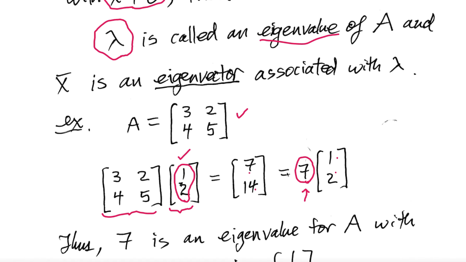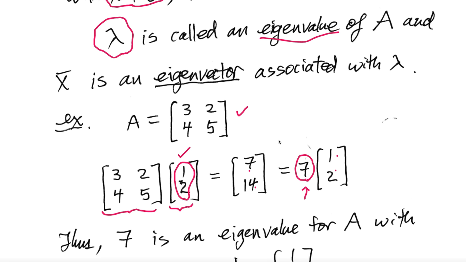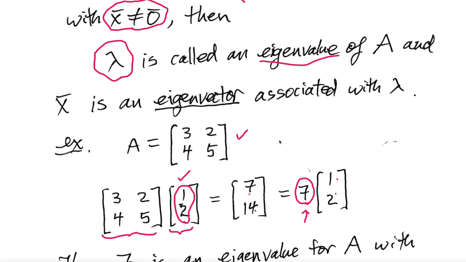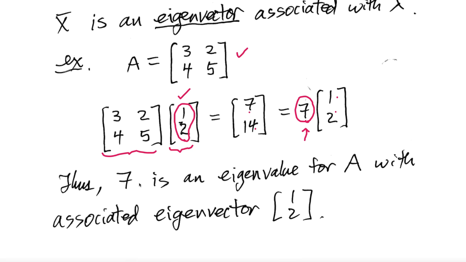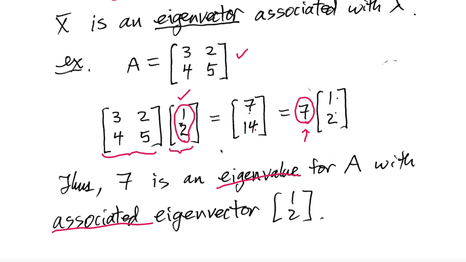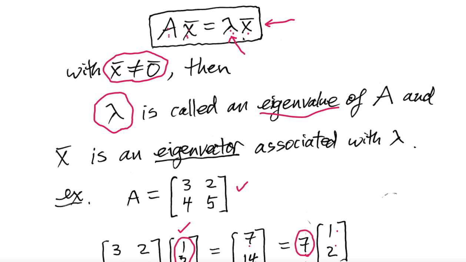It's just not going to work. But sometimes it does, and in that case you're dealing with an eigenvalue-eigenvector pair. So we would say 7 is an eigenvalue for A, that's a scalar, with associated eigenvector 1, 2. You see that in the context of the definition above.